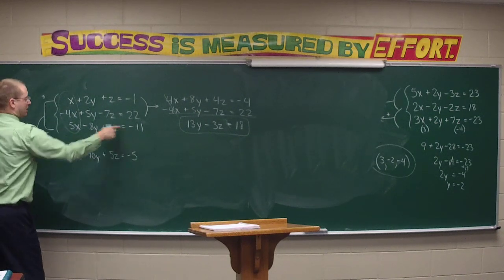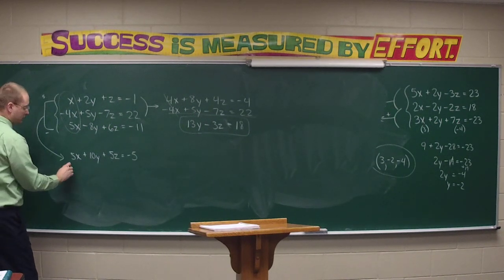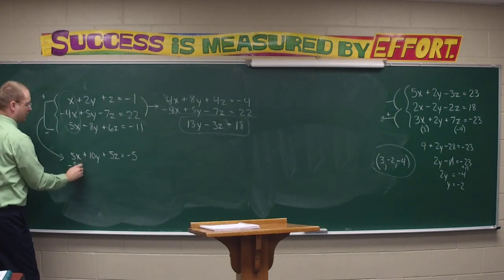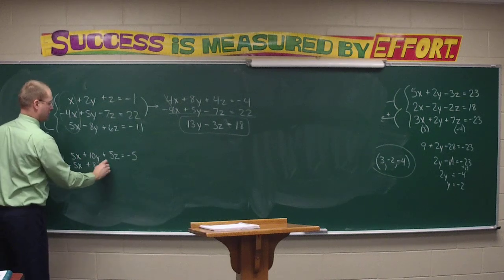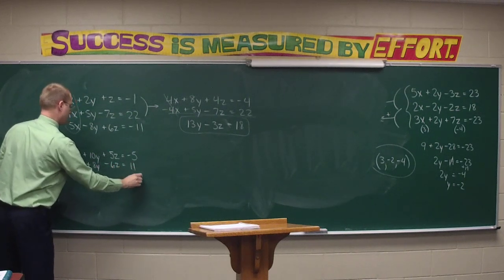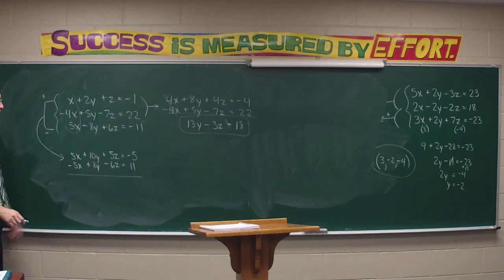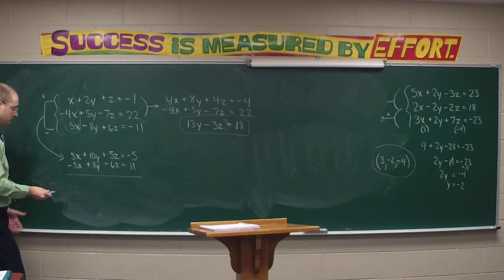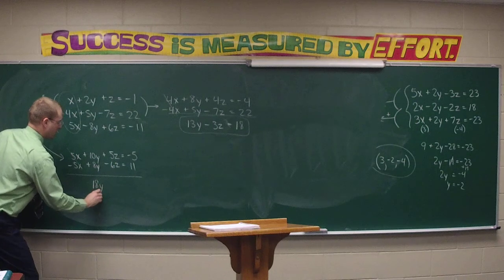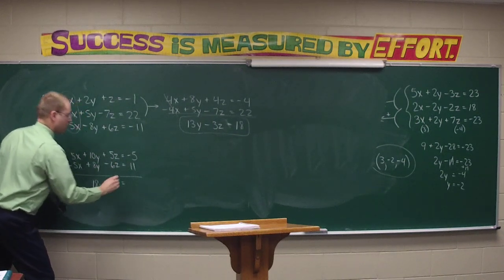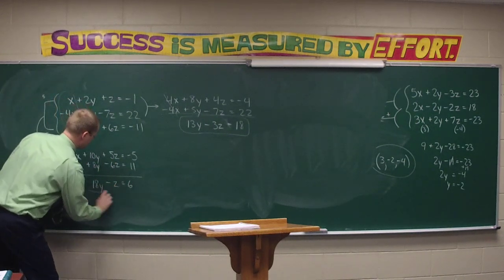Right here, putting a negative through. Negative 5x, positive 8y, negative 16, positive 11. All right, to get what resulting happy equation, Michael? Let's see. 18y minus z equals 6. All right, so we have 2 happy equations.